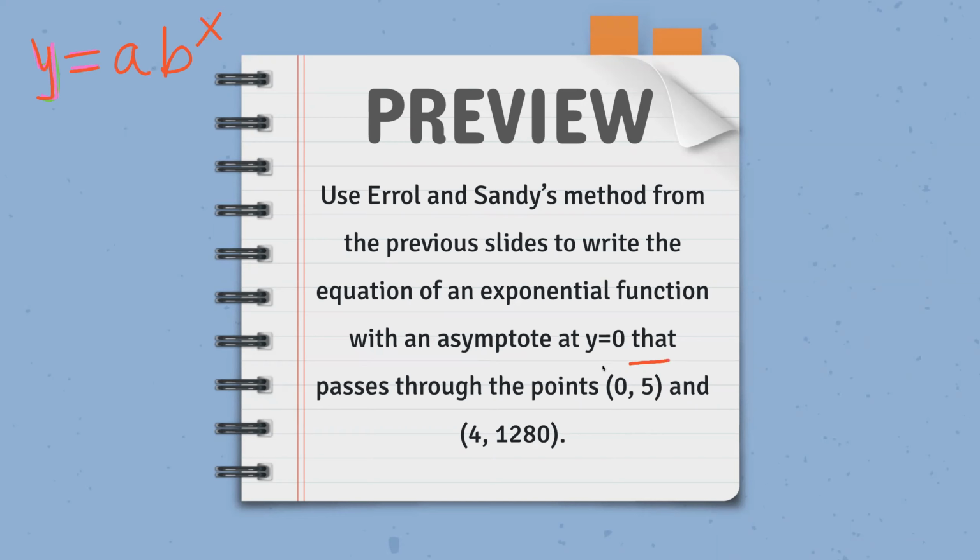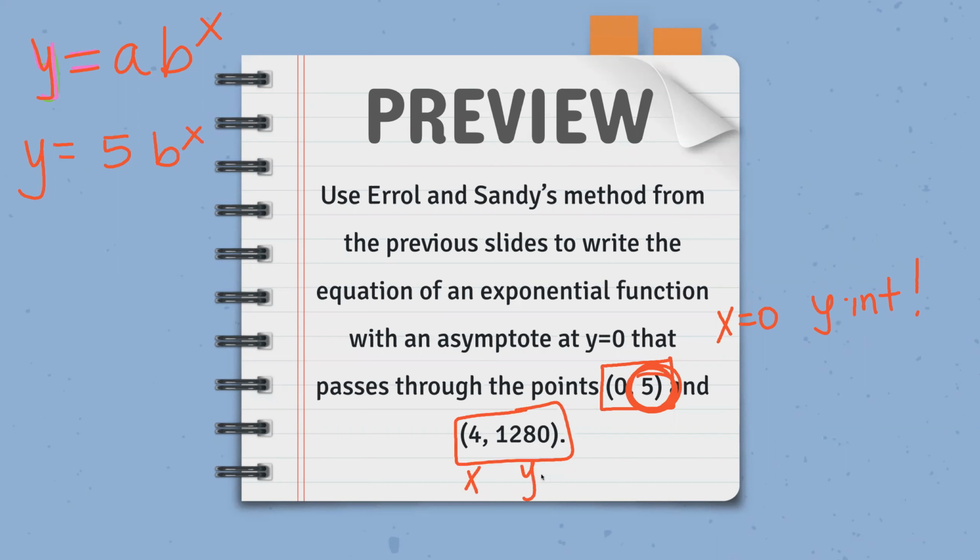a is our y-intercept, and we are given our y-intercept. When x is equal to 0, that's our y-intercept. And so let's plug in 5 for a. This is what we have so far. We're given this point, and we know 4 represents x and 1280 represents y.